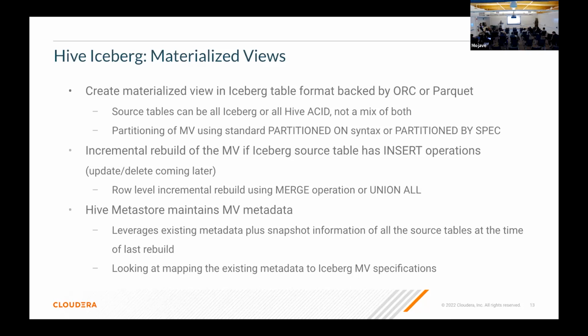So let's say you have a 3-table join. Each of those tables that contributes to the materialized view, we will maintain those snapshots in our internal metadata. And then we will figure out, okay, if some new data was added, some snapshot changed, now we have to update the materialized view.